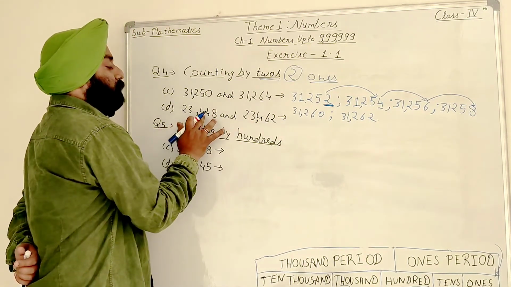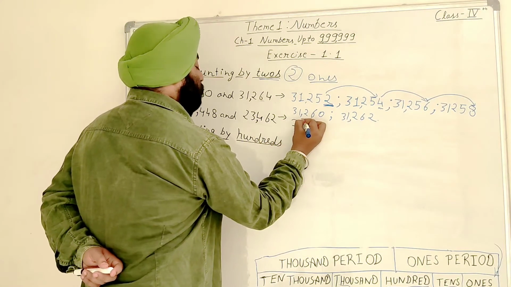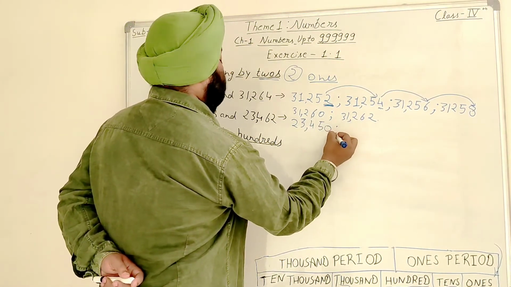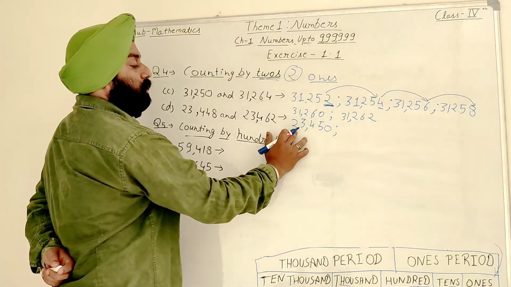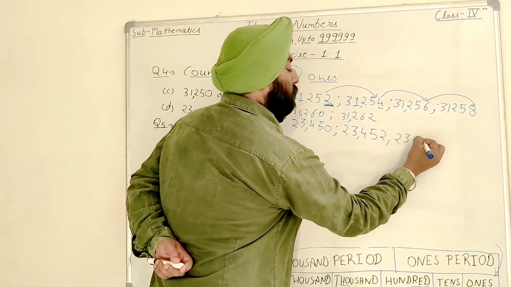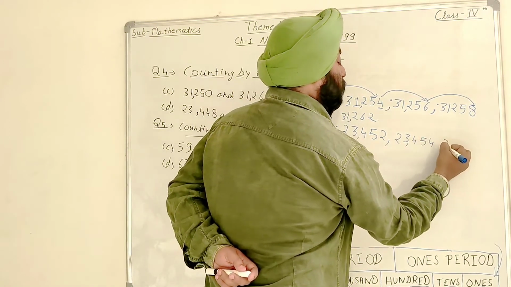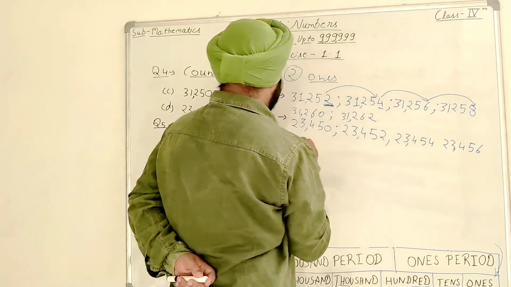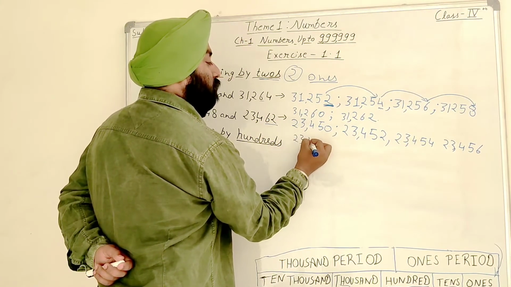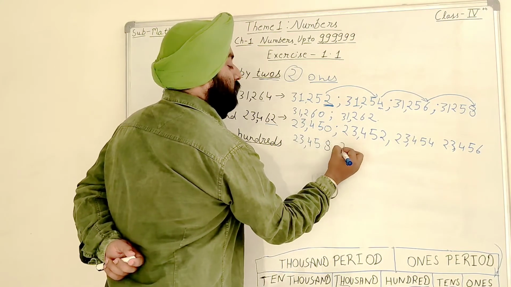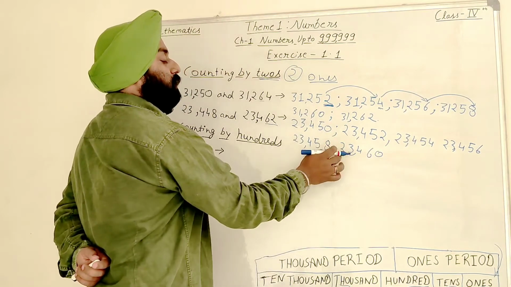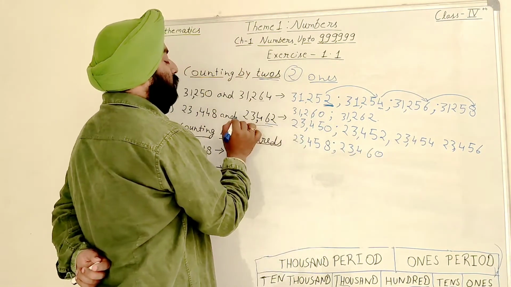Next question is 23,448, and the next number is 23,448 plus 2, 23,450, then 23,452, then 23,454, then 23,456, then 23,458, then 23,460, and after that 60 plus 2 we got the number in the question.